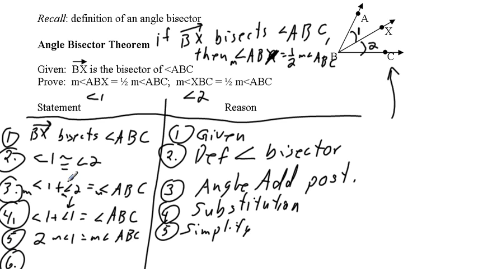From here, I'm just going to divide by 2 on both sides, and now the measure of angle 1 equals 1/2 the measure of angle ABC, and that's what we were trying to prove. I got from this step to this step by the division property of equality.